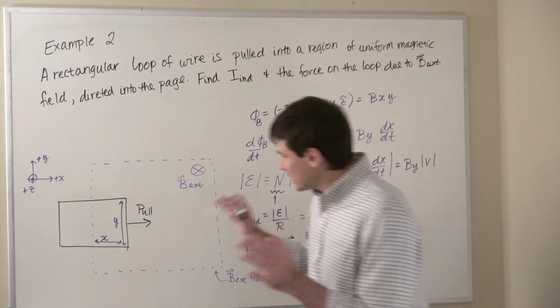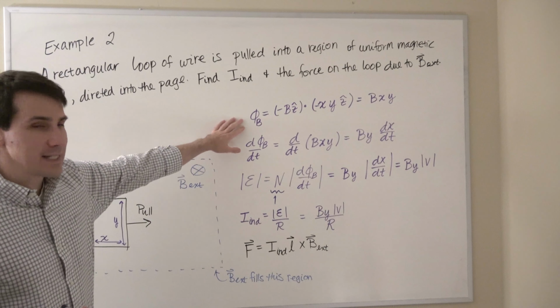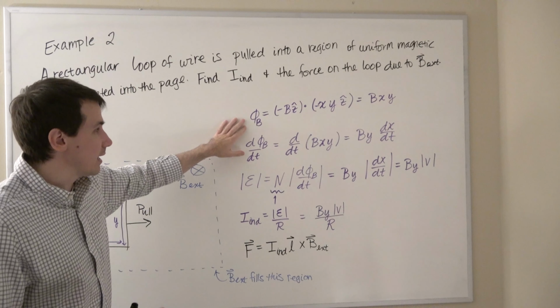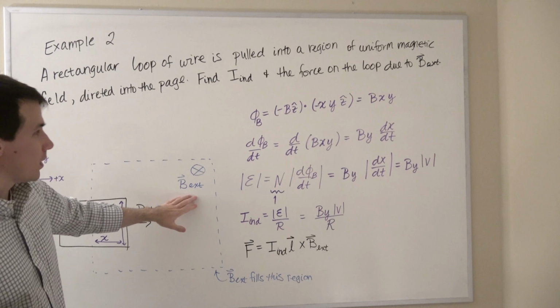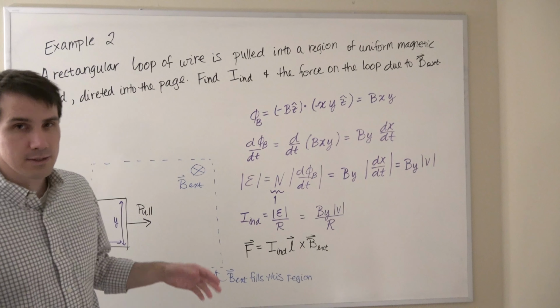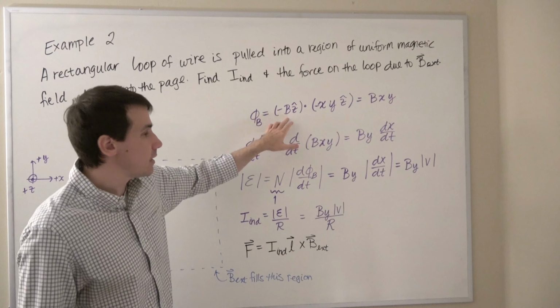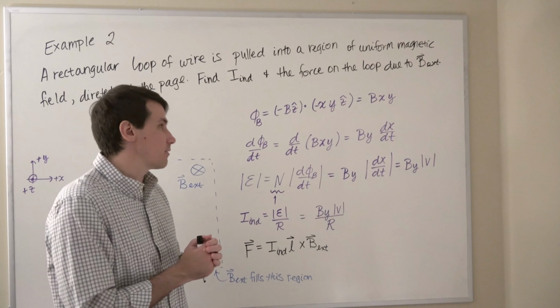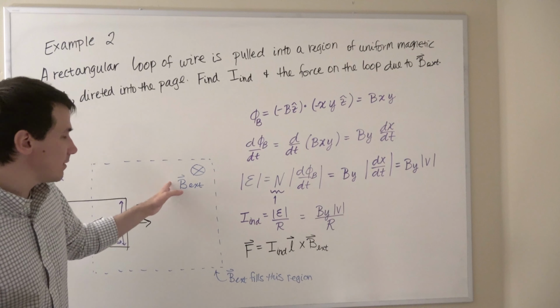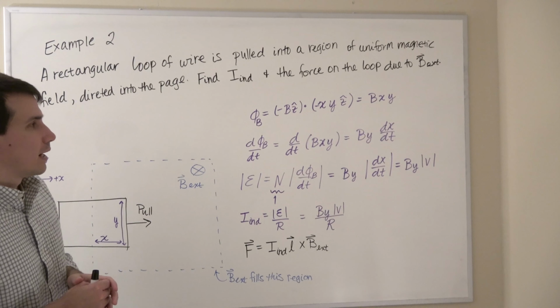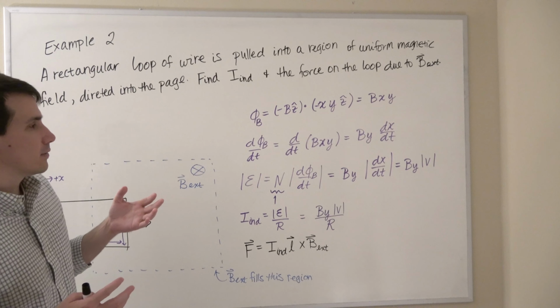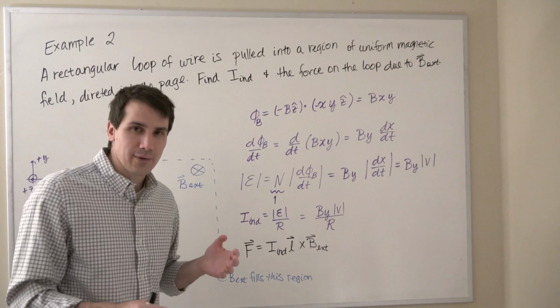Okay, we will begin as usual by writing down the equation for the magnetic flux. Well, the magnetic field points into the board and is constant, so we can just write it as negative B, where B is the magnitude of our magnetic field, in the negative z hat direction here. Our area here is not the full area of the loop.